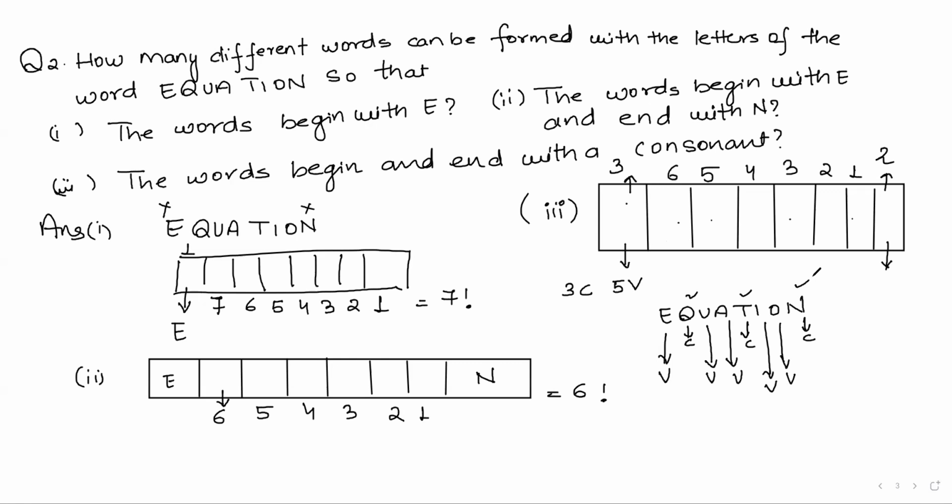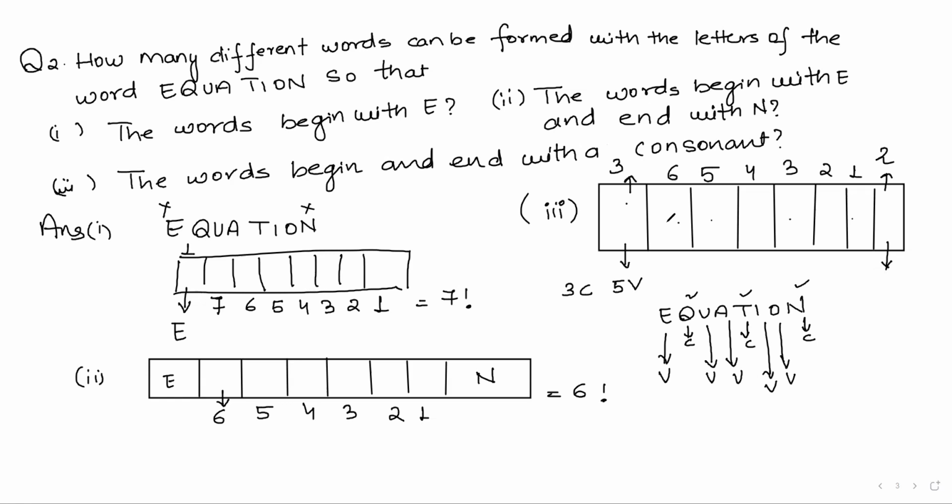So the question is, in the first and the last one, you always have a consonant. So the first block has how many options? 3, sir. And suppose we have used 1, then in the last block, how many options do we have? 2, sir. So this has 3, the last one has 2 options.